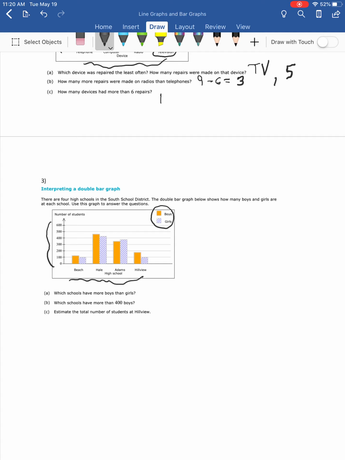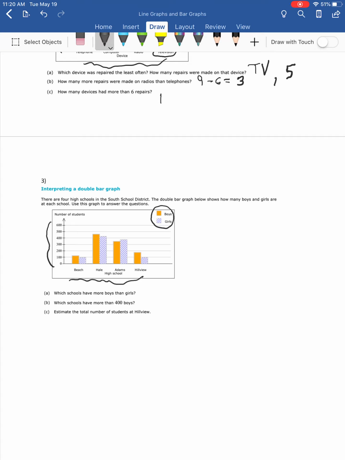Okay. So which schools have more boys than girls? So we're looking for where the blue bar is higher than the orange bar. No, I'm sorry. We're looking for where the orange bar is higher than the blue bar.